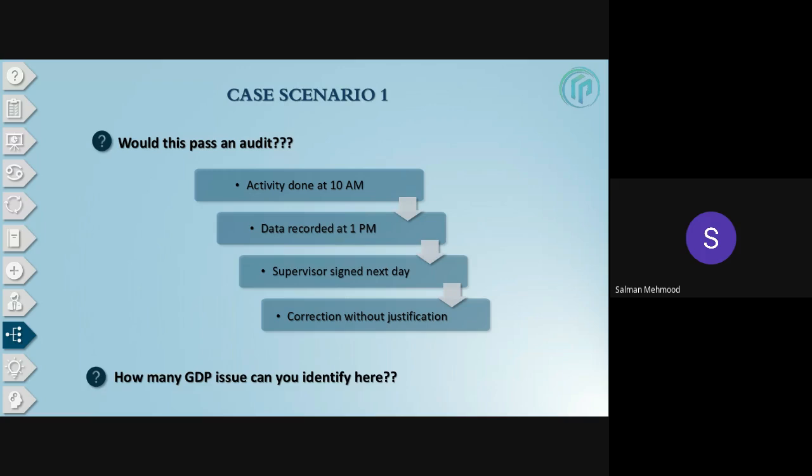The supervisor has to check almost the complete data. He has to review all the critical parameters, all the sections, all the data, but he signed the next day. Similarly, third, corrections without justification. This is another GDP violation, as we have seen in earlier slides, on how we have to correct the data.